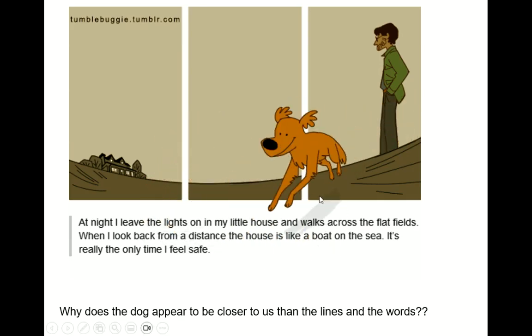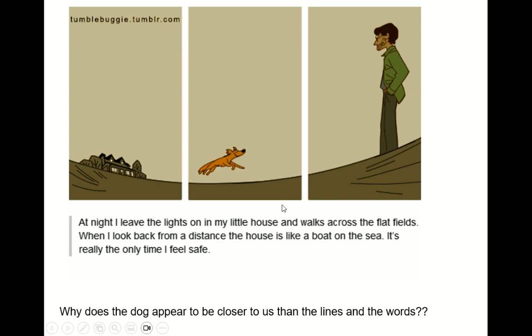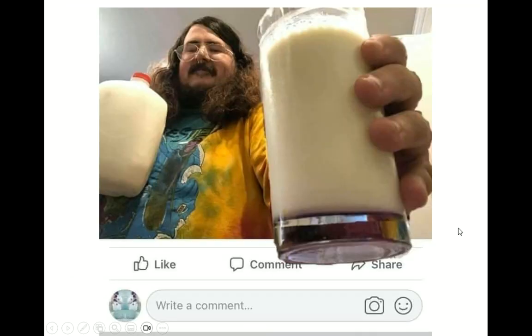So we perceive this dog as being closer than the white bars in these words right here. Here's another example. Overlap, interposition means that since this jar is blocking the words, then we perceive it to be closer.